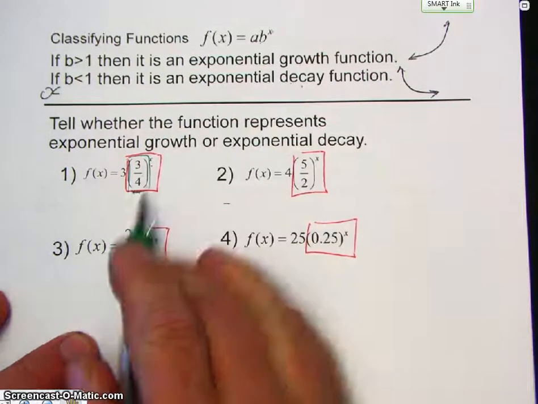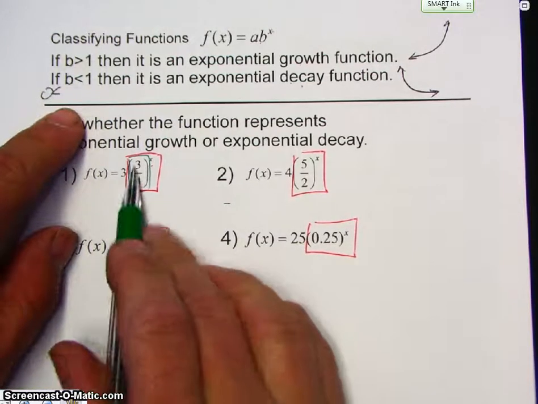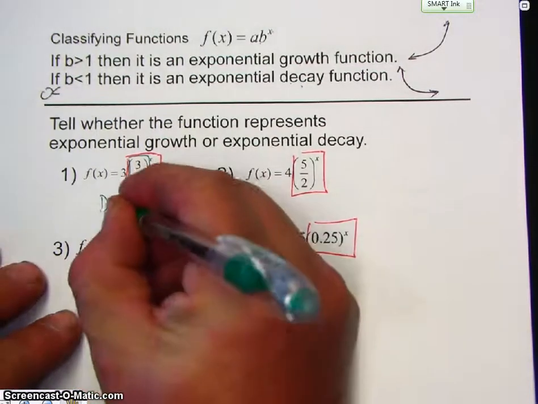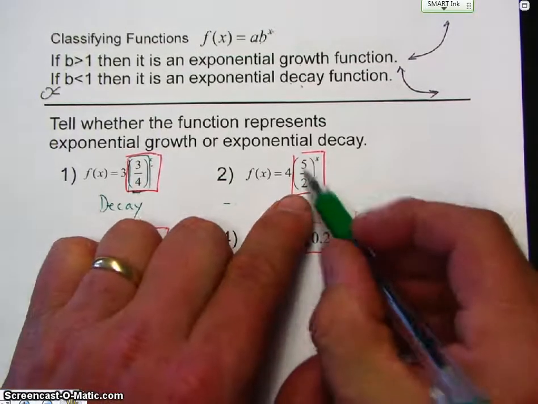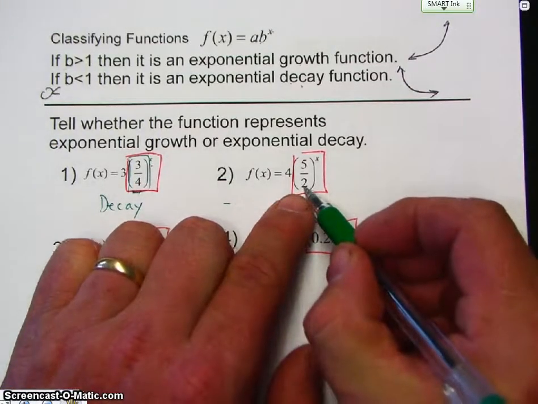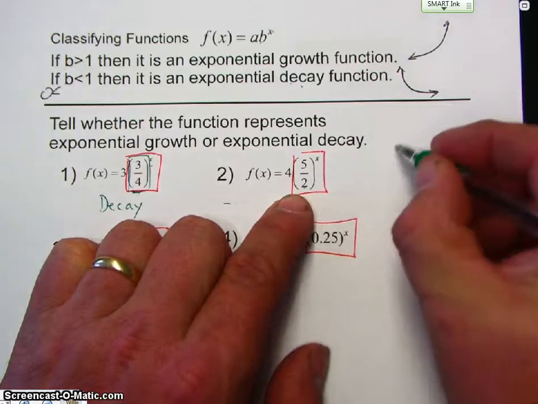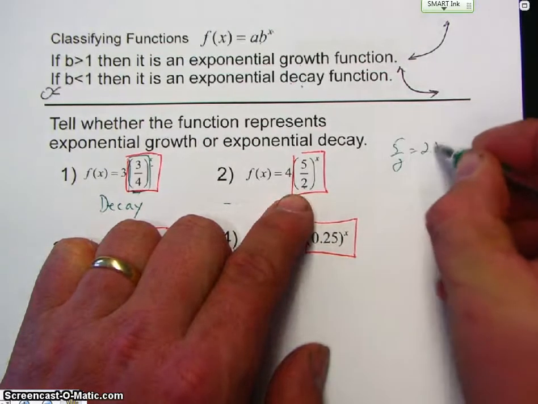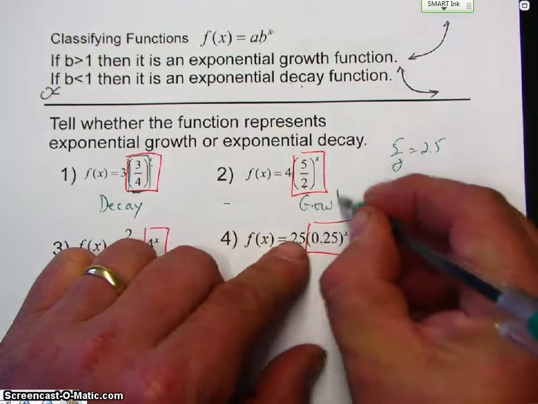So in this case, 3/4. Is it less than 1 or greater than 1? 3/4 is less than 1, so this is decay. This one, 5/2, that's what, 2.5? So the 5/2 is 2.5, and that's greater than 1, so therefore this one's growth.